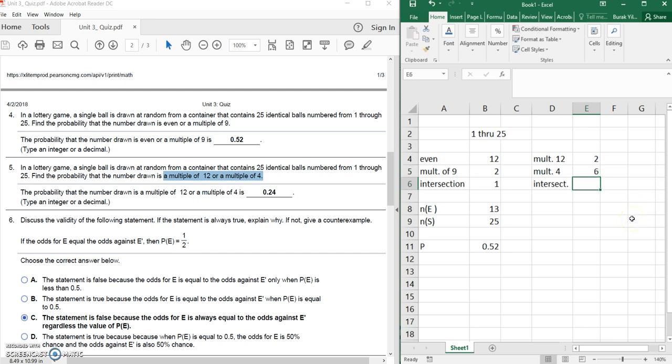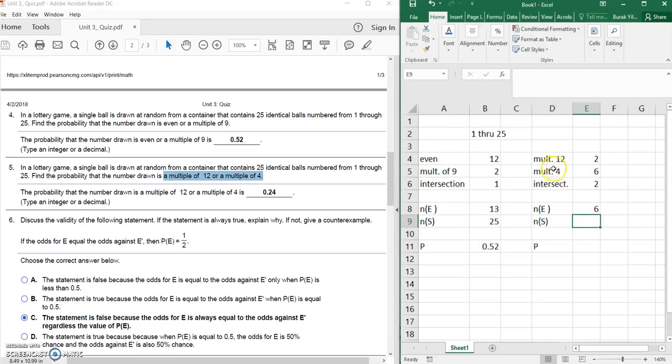What about the intersection? Multiples of 12, which are 12 and 24, are both multiples of 4 at the same time. So they're being counted twice, so I need to exclude them. So then the NE here is 2 plus 6 minus 2.